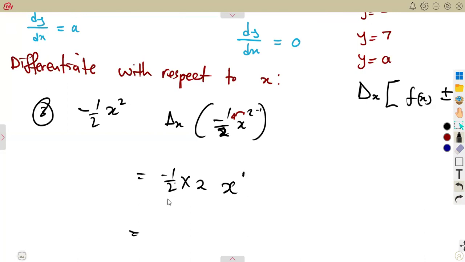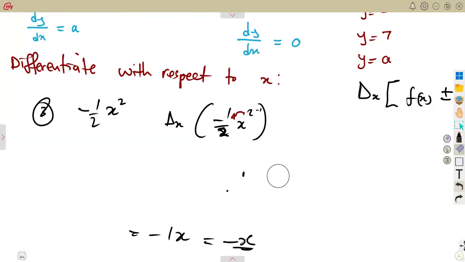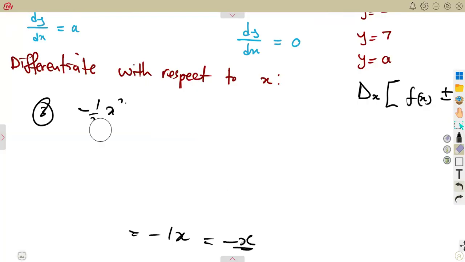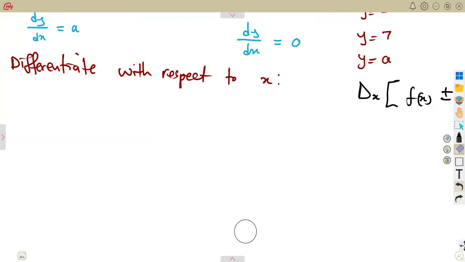So that's a 1. So half of 2, that's a -1, x, which is simply equal to -x. Okay, -1x, guys, is simply -x. So that's it. We can differentiate terms, whether they are fractional terms, or brackets that you are given to differentiate with respect to x.